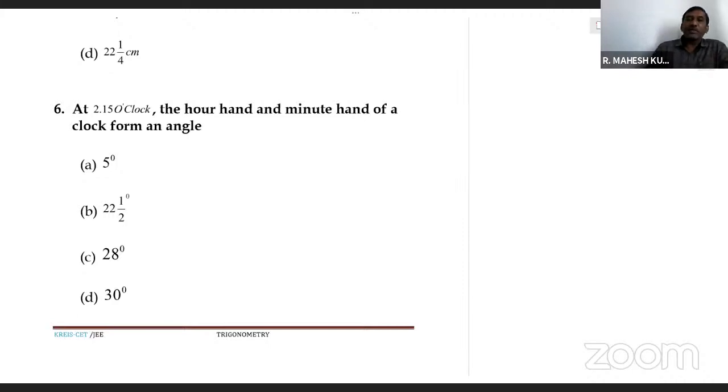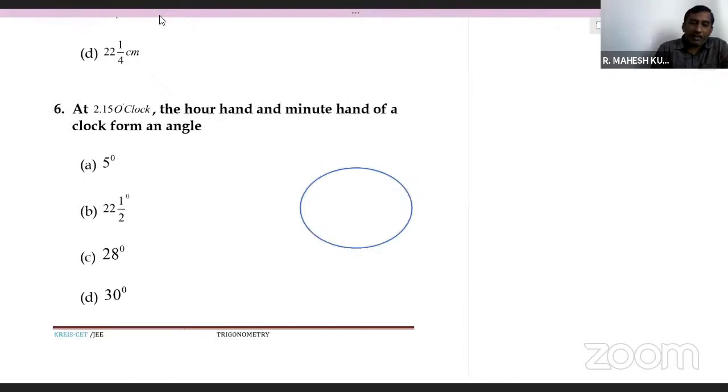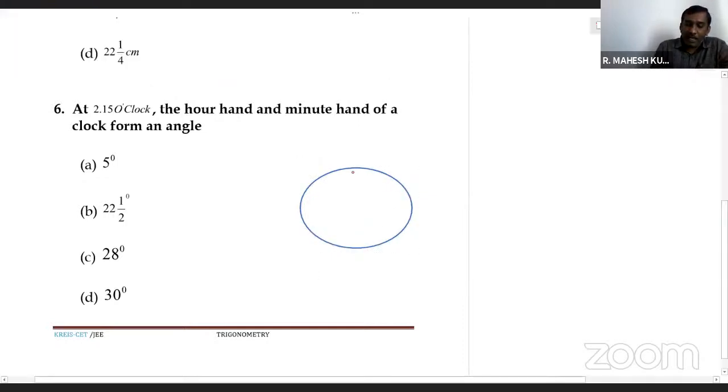What is going to be the angle covered by the hour hand and the minute hand? So what I do here, let's take a clock. At 2 hours 15 minutes, first you identify the position of the minute hand and hour hand. So let me just plot the diagram. 12, 1, 2, 3, 4, 5, 6, 7, 8, 9, 10, 11.